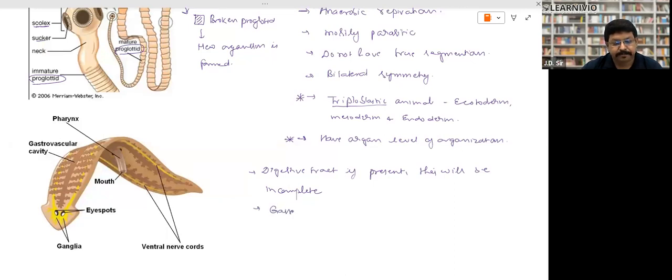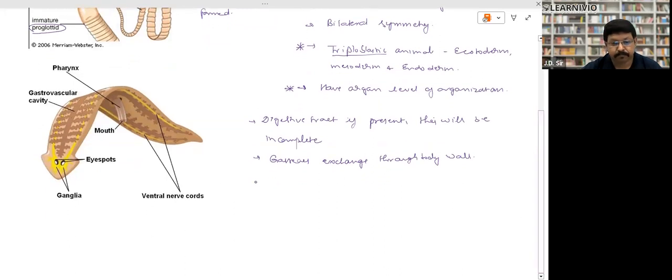Gaseous exchange is generally through the body wall, but you have to remember the question that Taenia solium is an anaerobe. The nervous system is present. Reproductively, they are hermaphrodite.